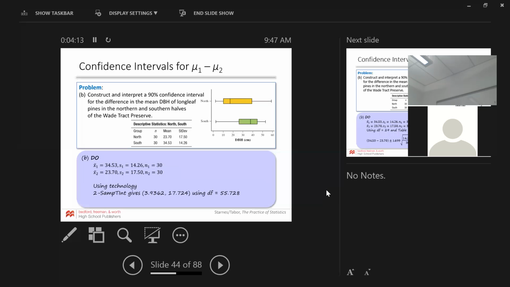Yes? Why? What are you looking for in the confidence interval? Because if zero's in the interval, that's telling you that you can't reject the null.